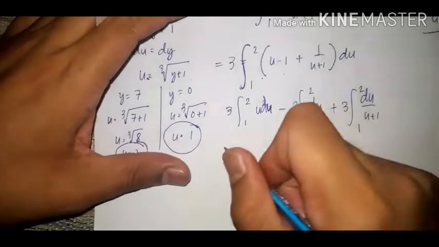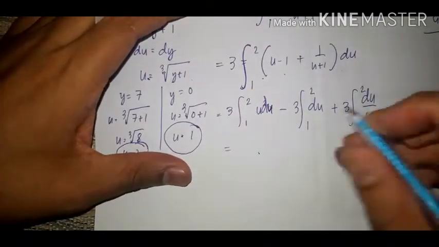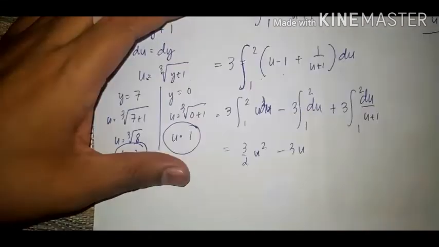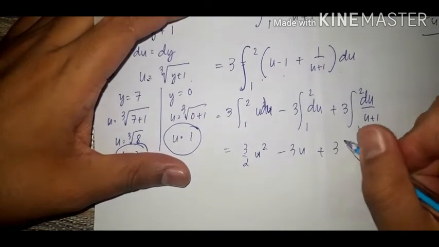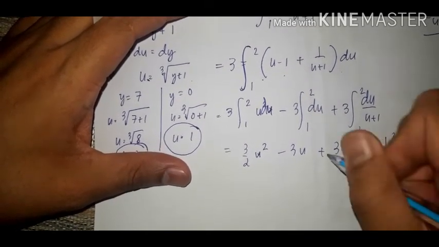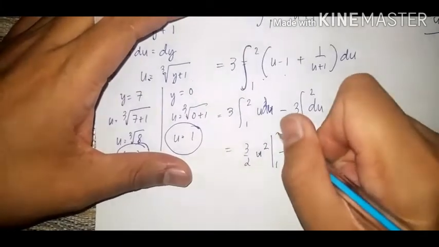So integrating, it's 3 terms pala. So that's 3 halves u squared minus 3u plus 3 ln of u plus 1, from 1 to 2.